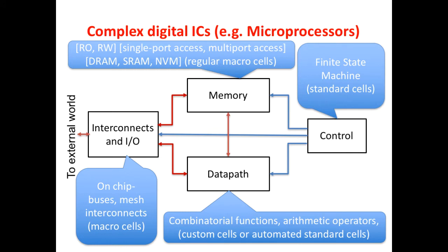And in this case, again, we need very specific components, which are buses and interconnects, and are typically usable by the designer as macro cells. They are macro in the sense that they are pretty large components, and they are very specific for this type of applications.